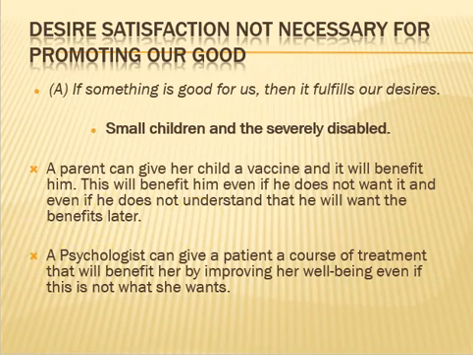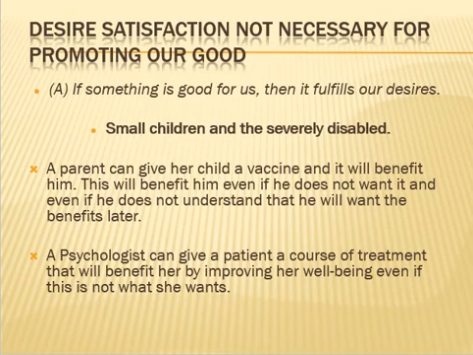Next example: a psychologist can give a patient a course of treatment that will benefit her by improving her well-being, even if she doesn't want it. So this is something similar. If someone is mentally ill, then the patient might not want the treatment suggested by her psychologist. Or if someone's disabled, they might not understand it.